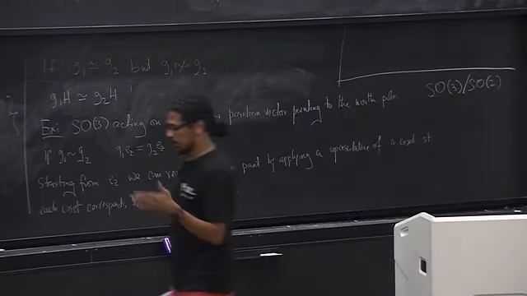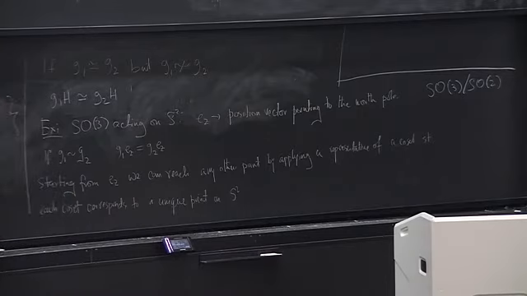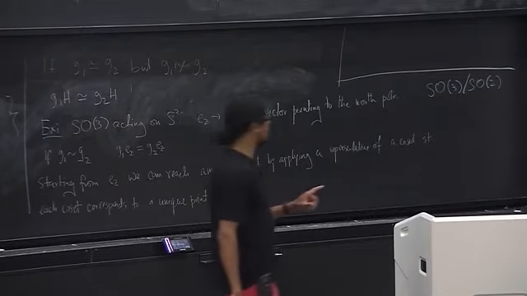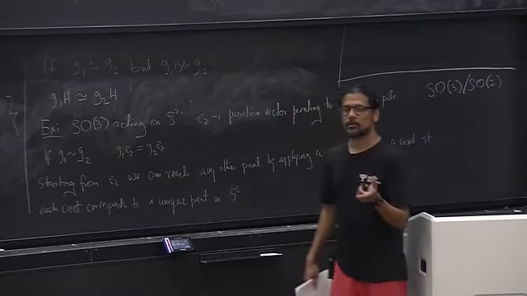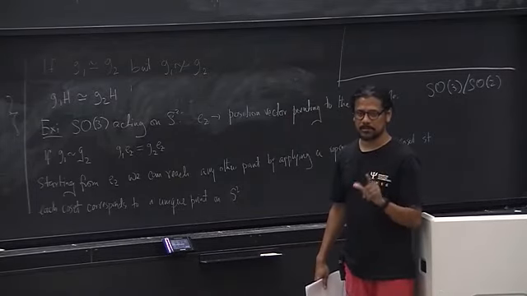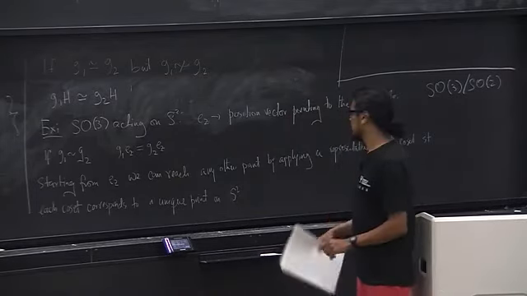If I take elements from another coset and apply them on the North Pole, I will get to a different point. Because if I got to the same point, then those two elements would actually belong to the same coset.